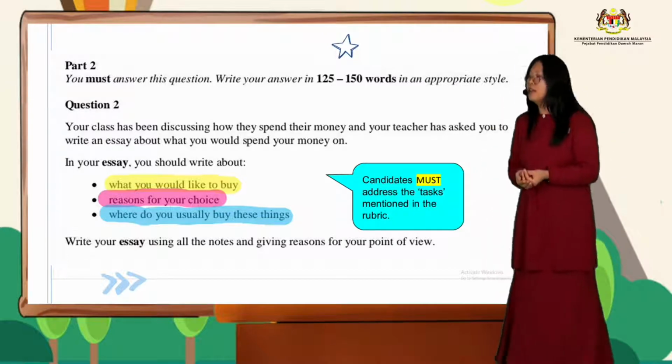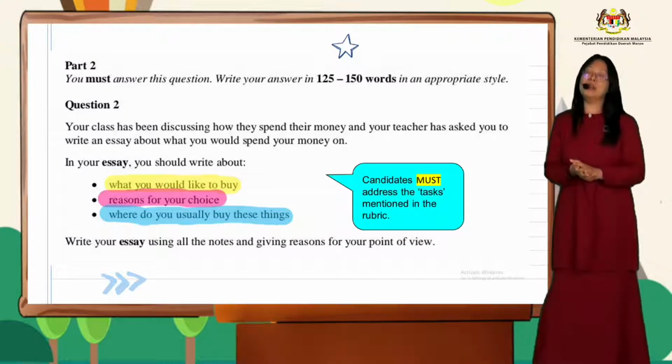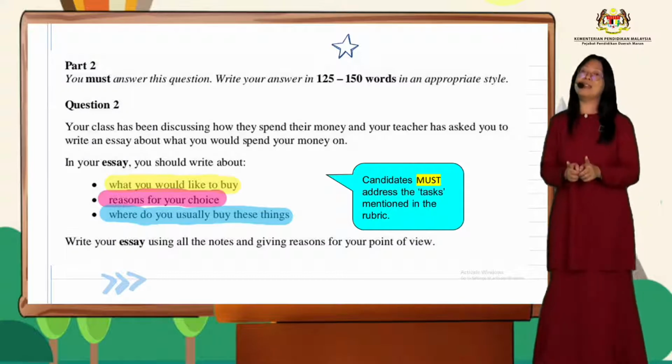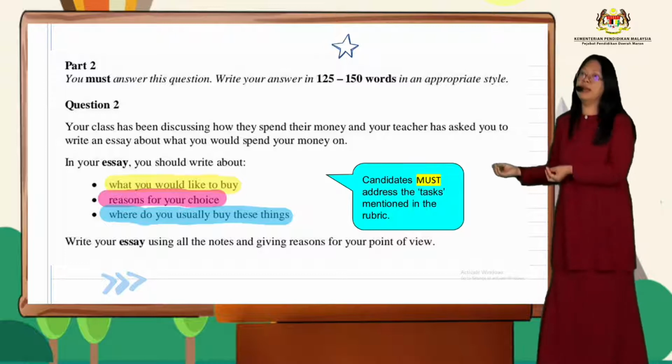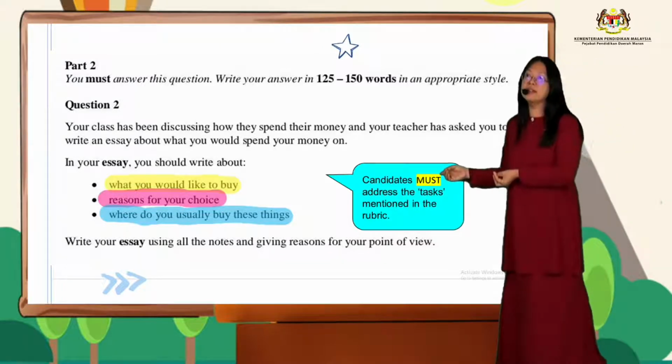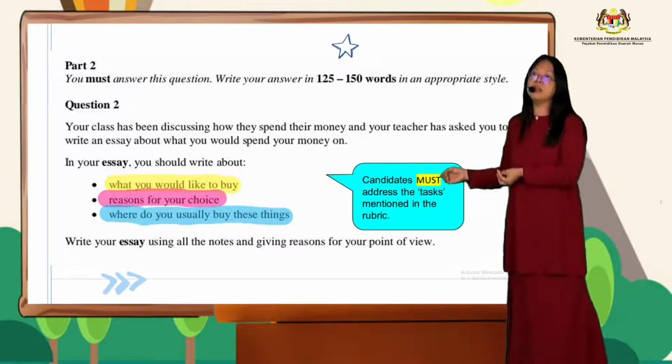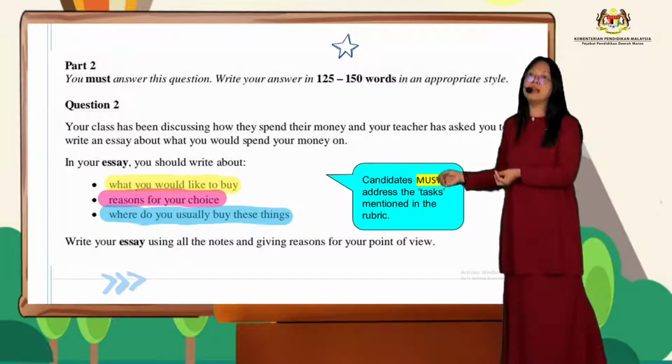Here you are given the freedom to use any style that you want, as long as it is suitable to the audience. Who is your targeted reader? Please refer to the question. As you can see here, write your essay using all the notes given.